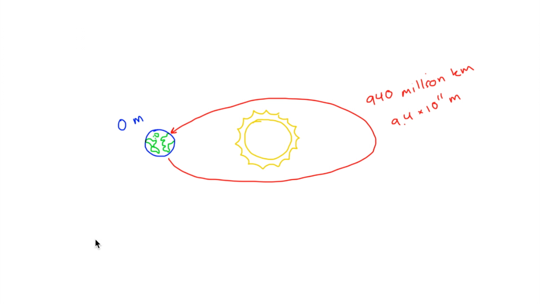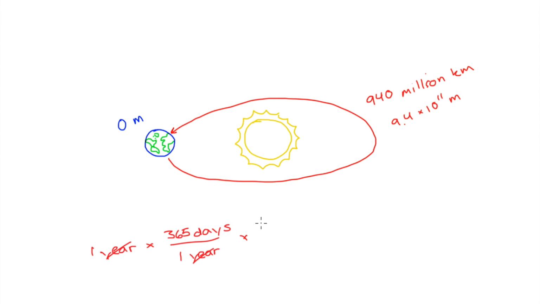So if we know that 1 year is equal to 365 days, we can cancel out the years by multiplying it by 365 days over 1 year. So that cancels out the year, and you're left with just days, which gives you 365 days. Then how many days are in a year?